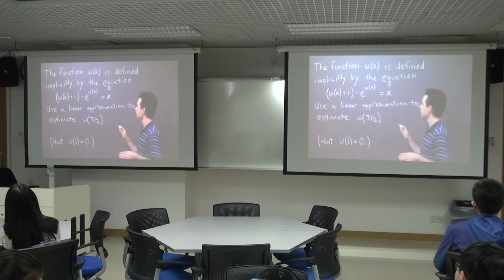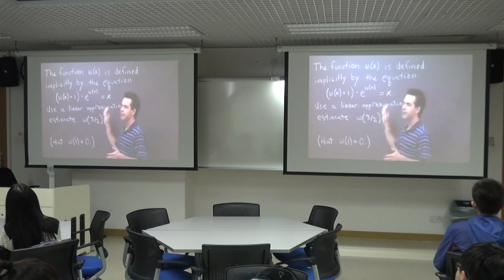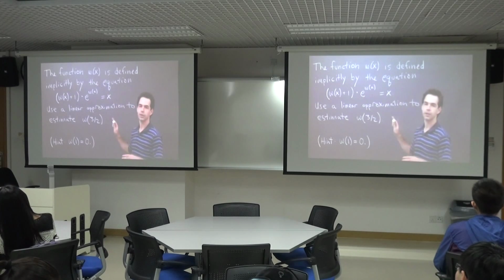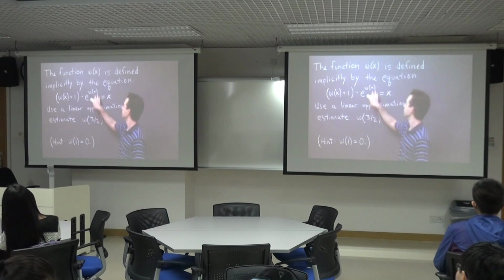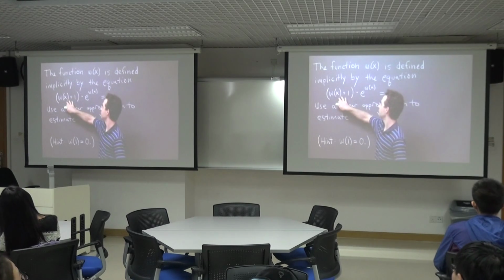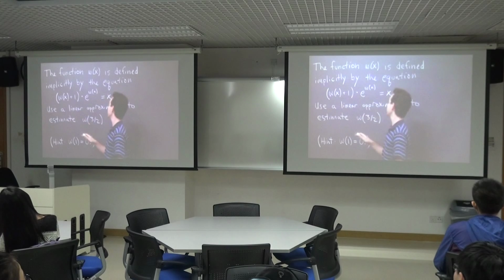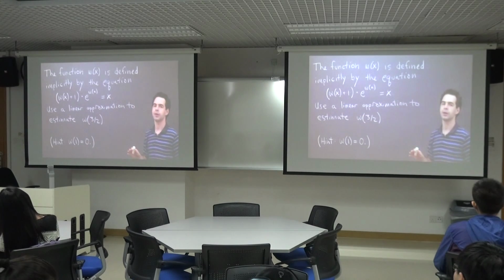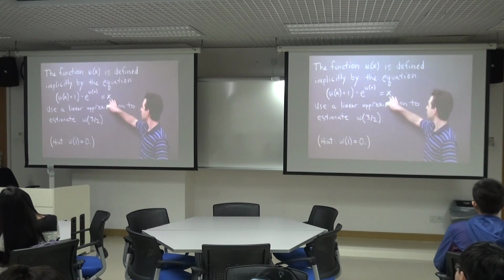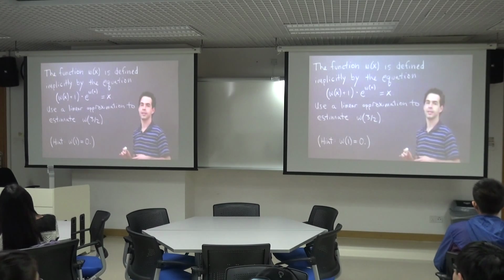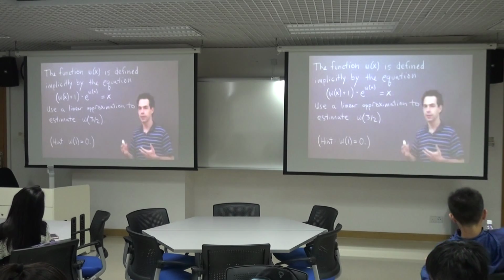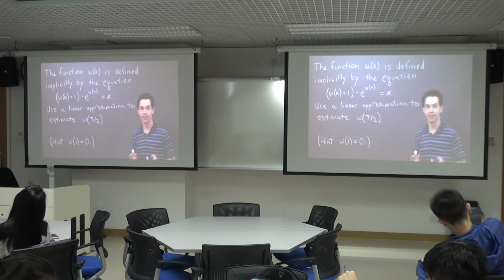Some of its values you can guess, like at x equals 0, the function value is going to be -1, because e to the w can't ever be 0, so the only way to get this side to be 0 is if w is -1, making this term 0. But some of its values aren't easy to compute. For example, if I asked you what w of 3/2 is, it's very hard. There's no algebraic way you can manipulate this equation that will let you figure that out.